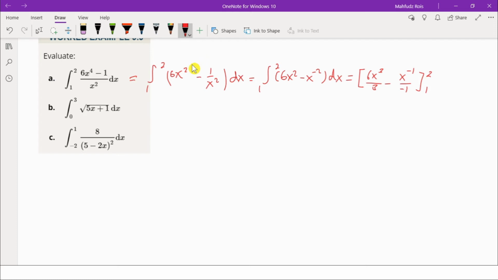If we continue, it will be 2x cubed plus x to the minus 1, which is actually 1 over x, so it's 1 over x, right?